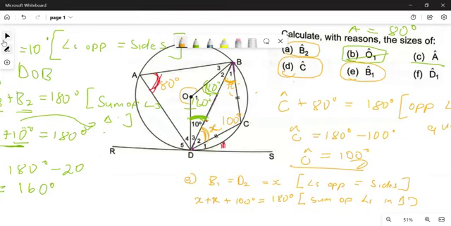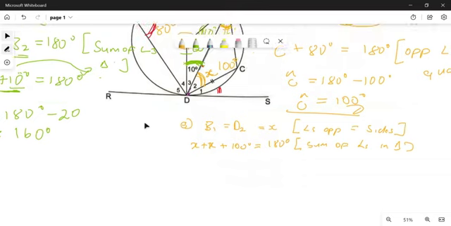We add X and X, and we get 2X. If you take this 100 to the other side, we have 180 degrees minus 100, and 2X is equal to 80.